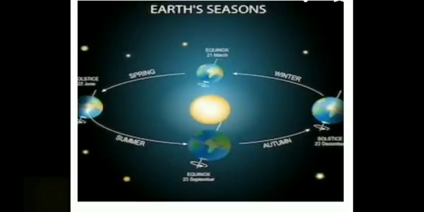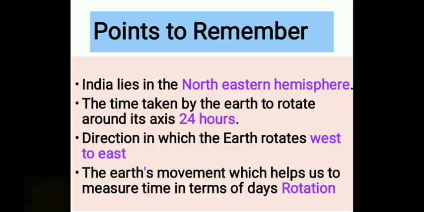In the picture you can see the season like summer, which is going on now here in India, then autumn, then winter, and spring. So we have to study in this lesson how these seasons occur on the earth. Before that, let us remember some points.